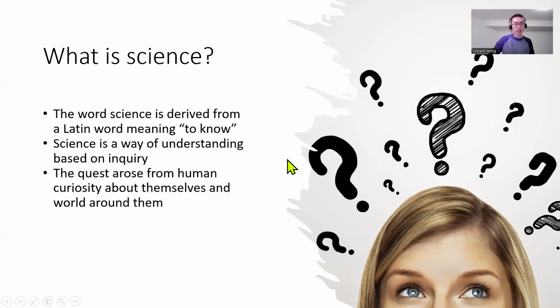And humans, by nature, are curious. We always want to find out why things are happening the way they are, and we want to know the reason behind this and that. And this curiosity is what drives science in general.